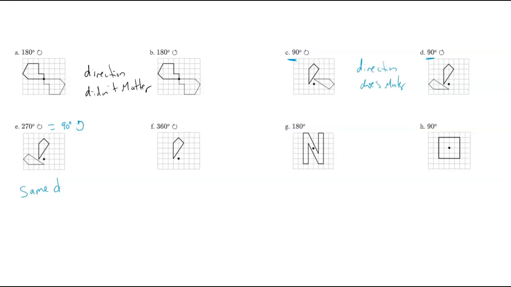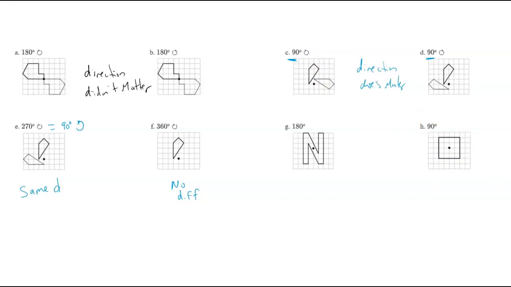Did 360 make a difference? No difference. Notice that this lovely N, again, no difference, and with the square it also made no difference. So it's just some extra practice rotating and really paying attention that 90 degrees, especially when it's not a perfect square, is going to make a huge difference.